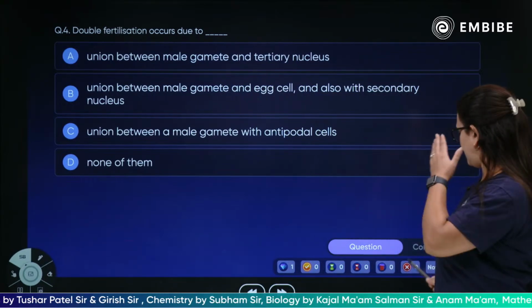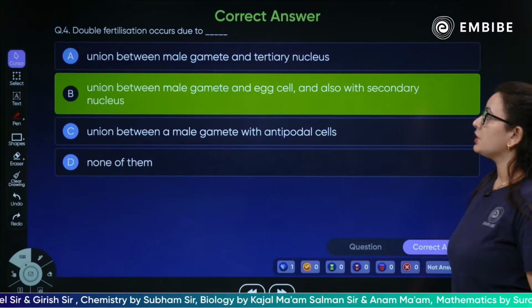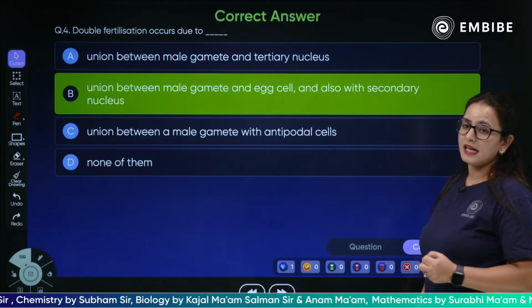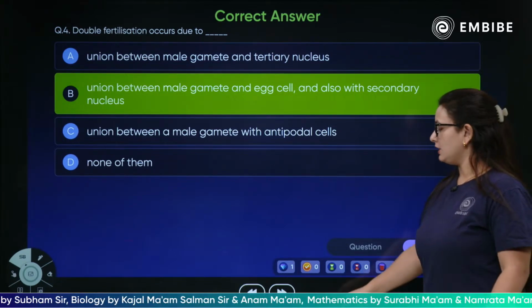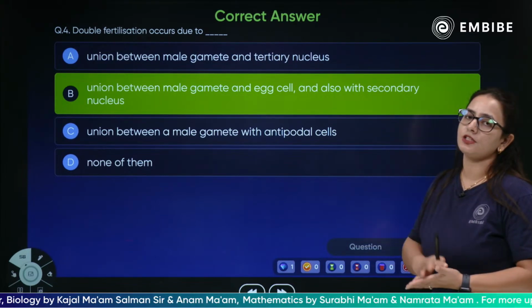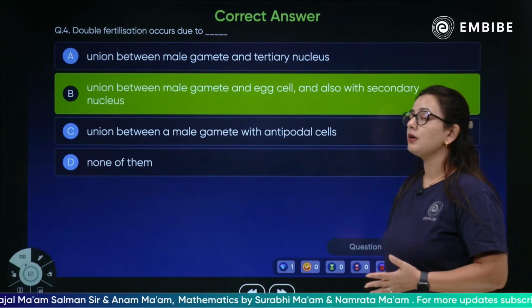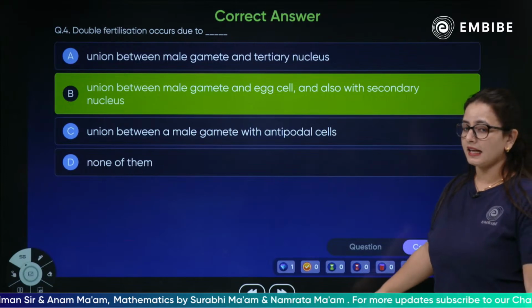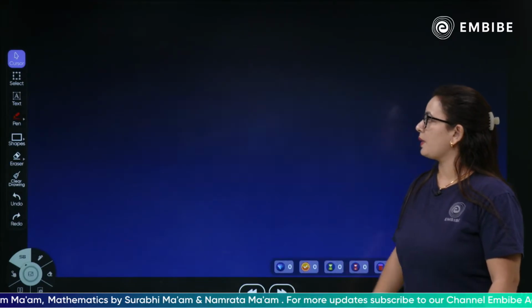The correct answer would be the union between male gametes and the egg cell and also with the secondary nucleus. Double fertilization occurs because there is a union between the male gametes, the egg cell and the secondary nucleus.